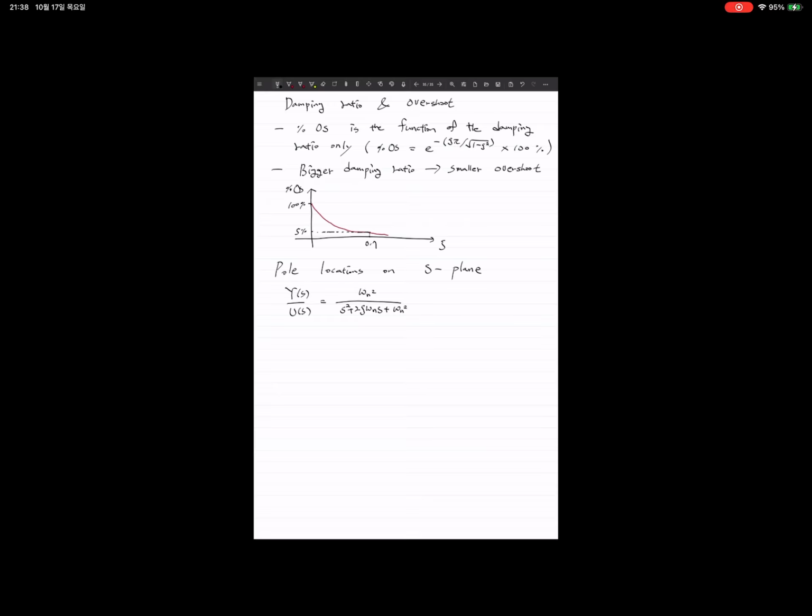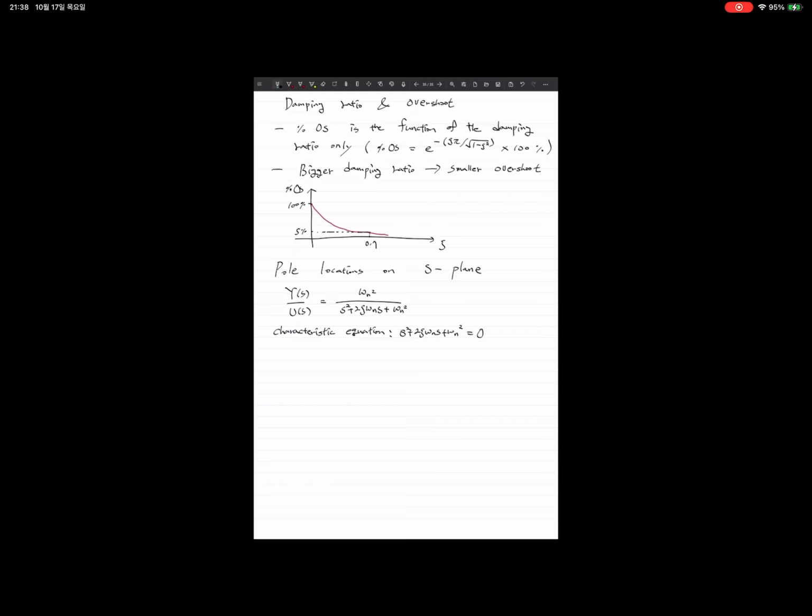In this transfer function, the characteristic equation is s squared plus 2 zeta omega n s plus omega n squared is equal to 0. Okay, so the roots of this characteristic equation will be the pole locations of the system.